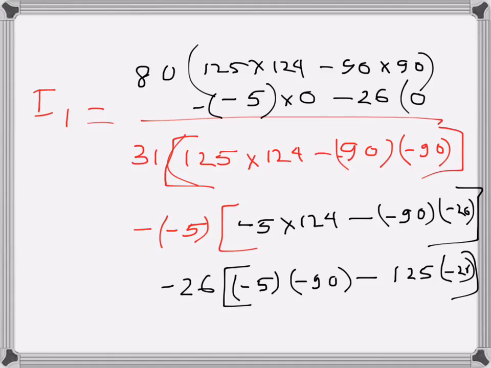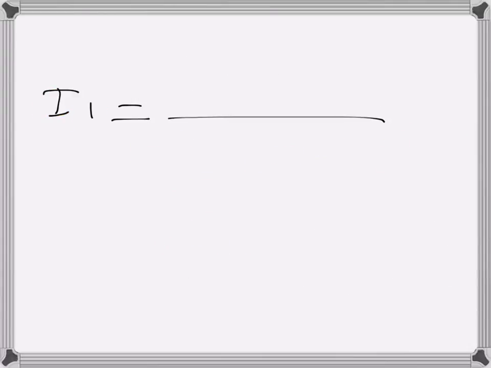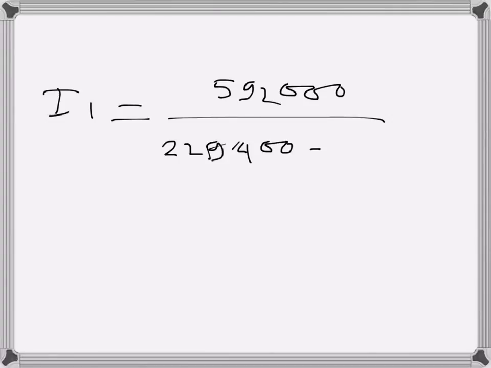It's getting very long, the video, so I will just give the result once you do the calculation. I have done the calculation elsewhere, so I'm just writing what I have got there. 592,000 in the numerator, and the denominator is 22994 00 minus 14800, and then minus 96200.